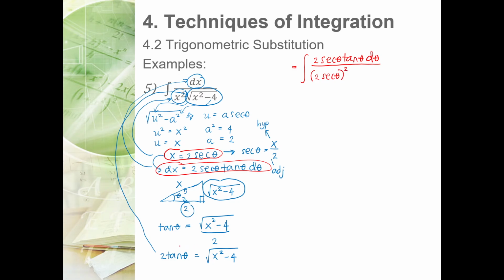And then lastly, this one here, square root of x squared minus 4, is 2 tangent theta. So cancel out tangent, cancel out tangent, cancel out 1 secant. So there is no more secant cubed, right? Cancel out 2, cancel out 2. So what's left here is the integral of d theta over 4 secant theta.